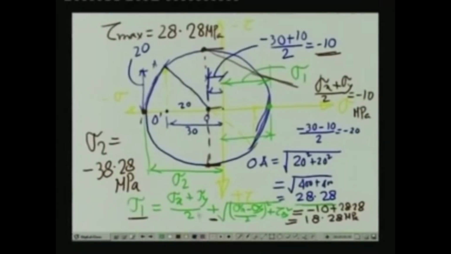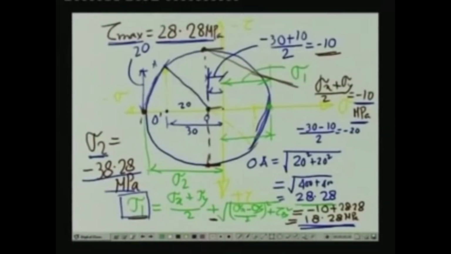They are sigma 1, the maximum principal stress, as 18.28 MPa, the minimum principal stress sigma 2 is equal to minus 38.28 MPa, the maximum shear stress tau max is equal to 28.28 MPa, and the normal stress which acts on the planes of maximum and minimum shear stress is equal to minus 10 MPa.